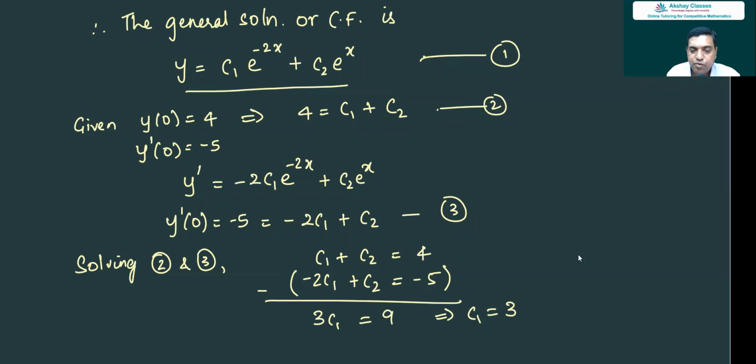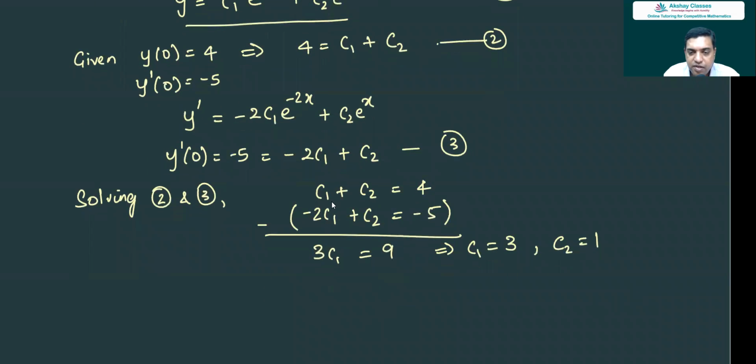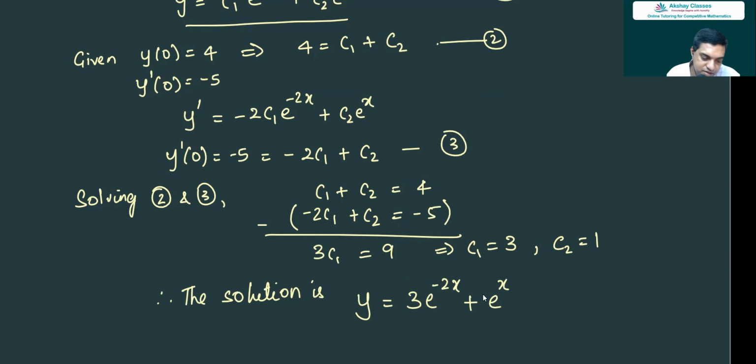If C1 is equal to 3, C2 will be 1. So therefore, the solution is y is equal to C1 e power minus 2x, that is 3 e power minus 2x, plus C2, that is 1, e power x. So this is the solution.